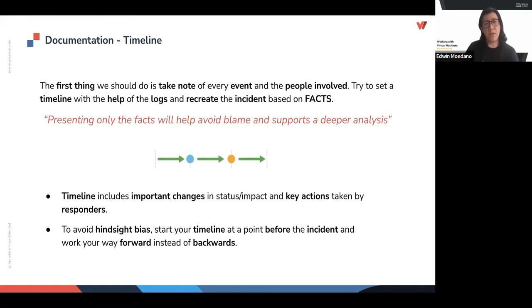Timelines include important changes and status impact on applications and the key actions taken by the responders. Let's say that I create this timeline and first of all, I see the application was degraded because it was triggering 500s, and all the requests start taking a lot of time.